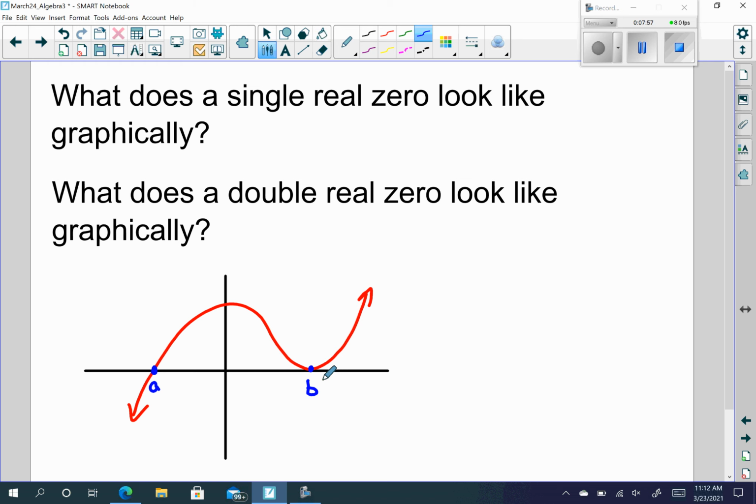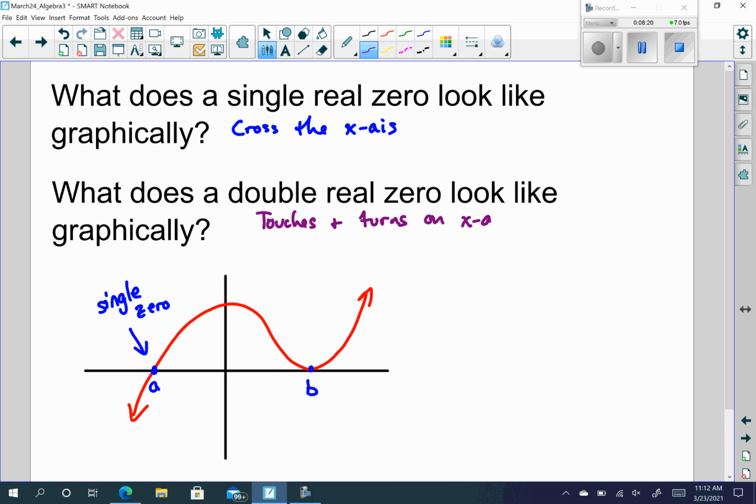A single real 0 is going to actually cross the x-axis. So this would be a single 0. A double real 0 just sort of sits, or what we like to say, touches and turns on the x-axis.